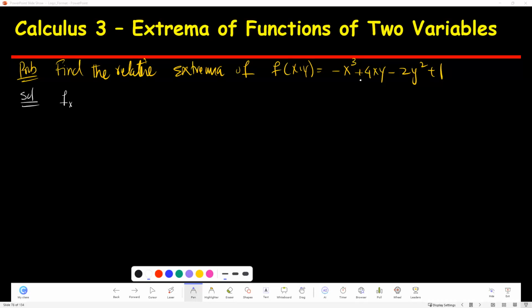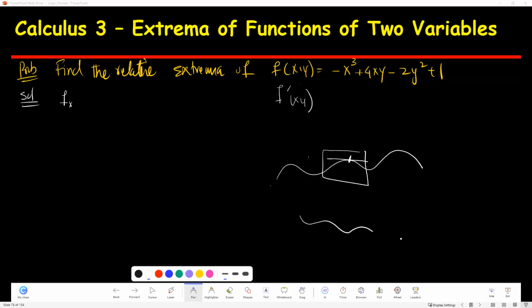Since the points are not given, I don't know which point I'm going to find, but I know that if I take the derivative of this function at a point, I'm finding a tangent line.